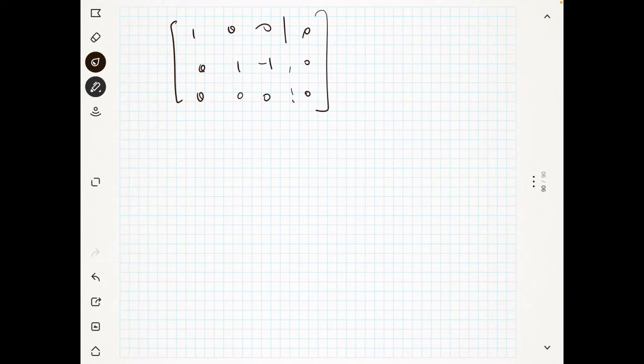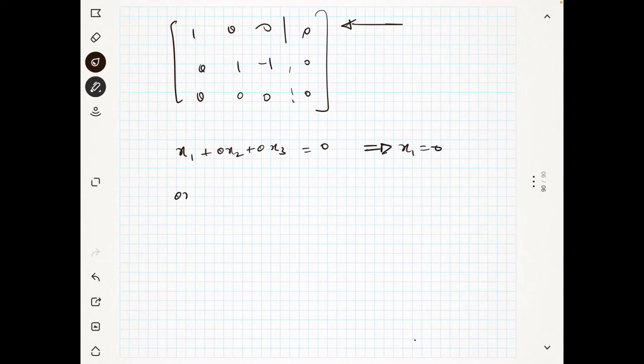Now you see here, from this, x1 plus 0 x2 plus 0 x3, that means I am talking about the first row, is equal to 0. That means that your x1 is equal to 0.